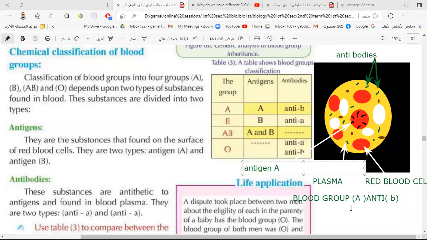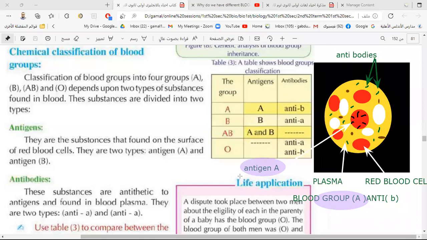Because the blood group is A. We have a person whose blood group is A, so the antigen will be antigen A, the same name as the blood group. But the antibodies are anti-B. Okay?